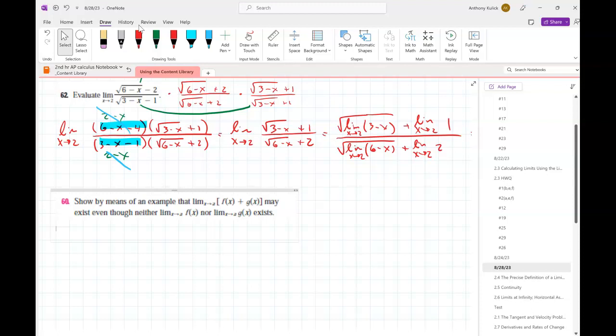So my initial instinct would be to try something like f of x equals something over x minus a, and g of x is going to equal, let's do this.